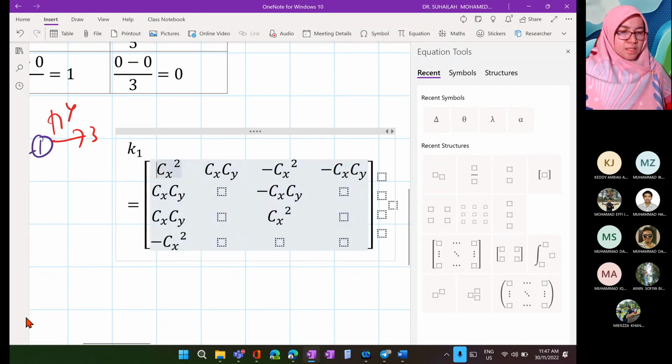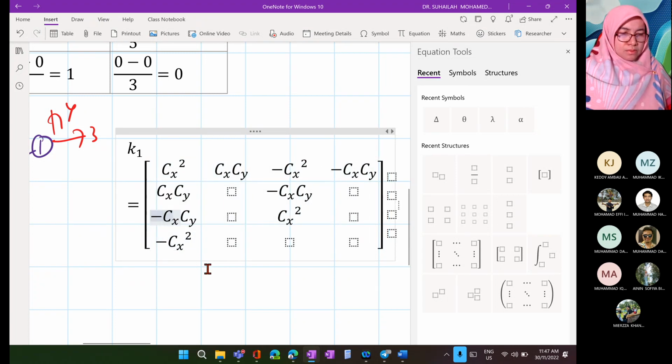Okay, since it is a symmetric matrix, the formula is like this.